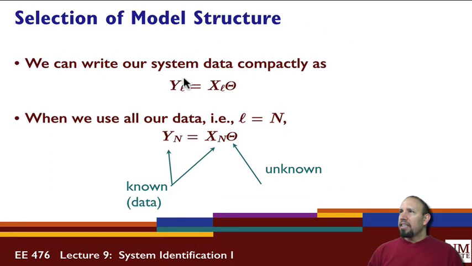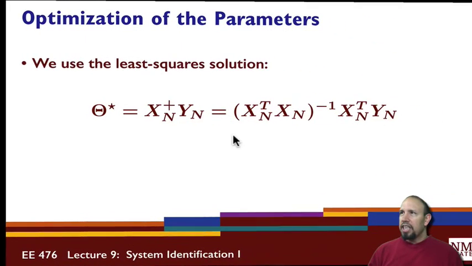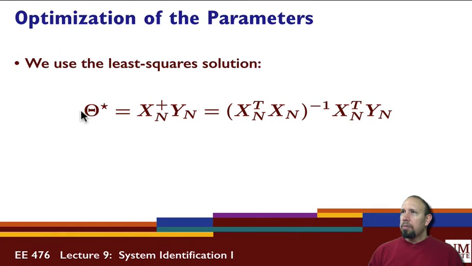So again, we get this equation, and if we use all of our data, that is when L is equal to n, then we have y_n equals x_n times phi. So we have our known data, we have our unknown data, we can solve the linear algebra problem, and again, we get the least squares solution. The optimal set of parameters is given by the pseudo-inverse of x times y.